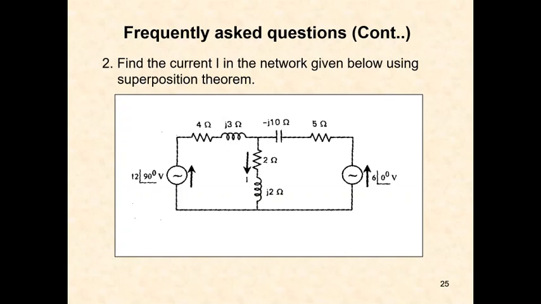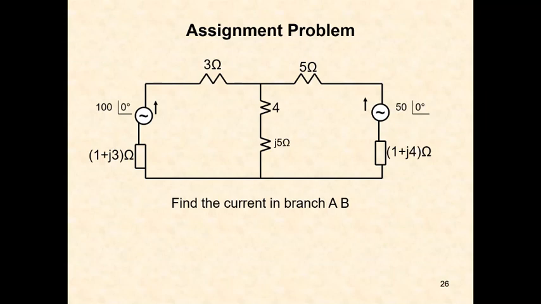Take down the question. Another problem I gave here: there is a 100 volt and a 50 volt source, both applied to a simple circuit, and there are 4 and 5 ohm resistors, and find the current in branch AB.